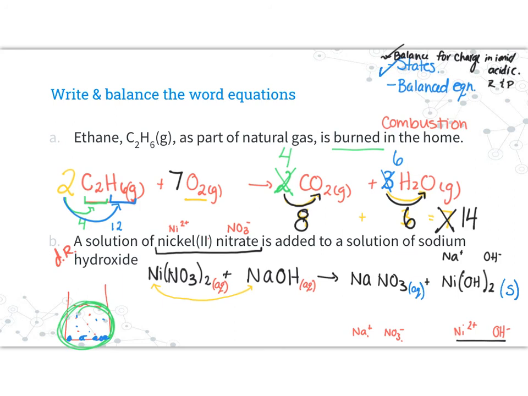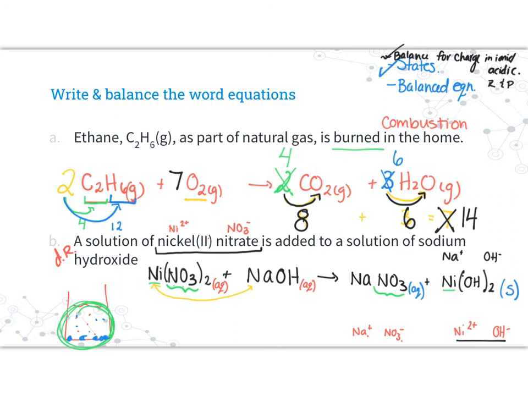Our last step is to balance. Starting with nickel. We have 1 nickel atom on this side and 1 nickel atom on this side. Nickel is balanced. Rather than considering each element in the nitrate ion, nitrogen and oxygen, I can see that it moves together. So let's consider nitrate as a grouping together.